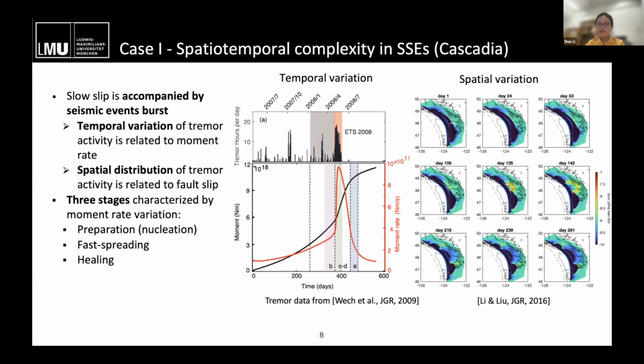Then we call it the fast spreading stage, where the moment release dramatically increases, the slip rate and the rupture speed both increase dramatically. And in the healing stage, the fault will go back to locked after the rupture.